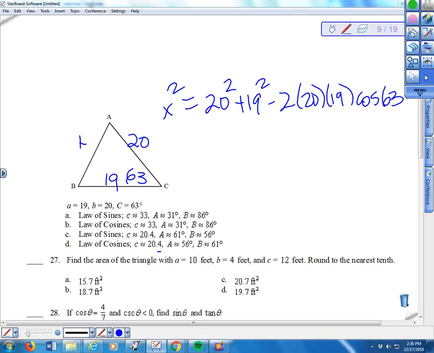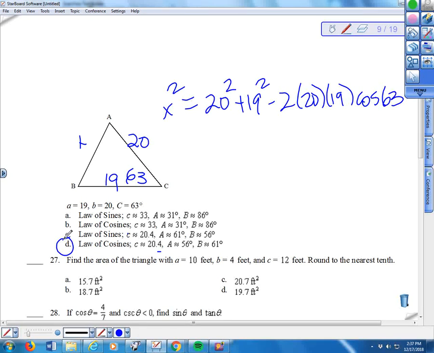And just plug all that in your calculator. So 20 squared plus 19 squared minus parentheses 2 times 20 times 19 times cosine 63. And then take the square root. 20.4 for C. Could be either, no, yeah, D.